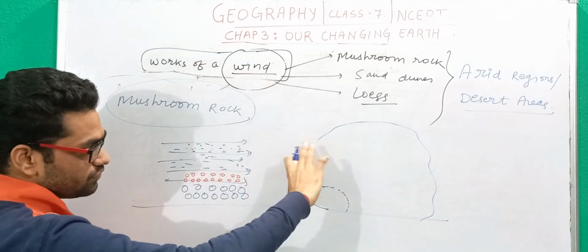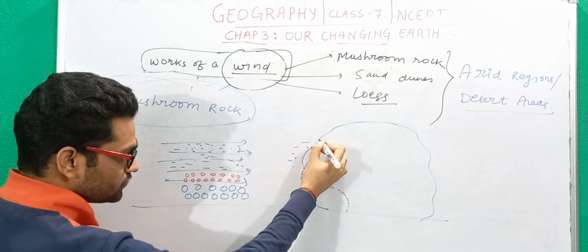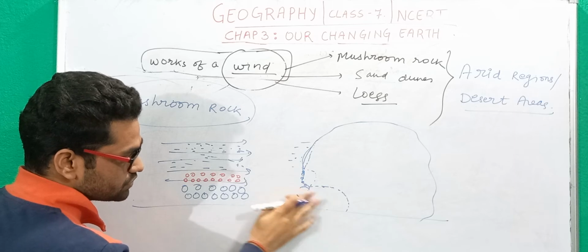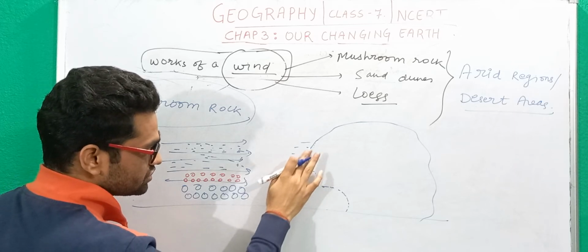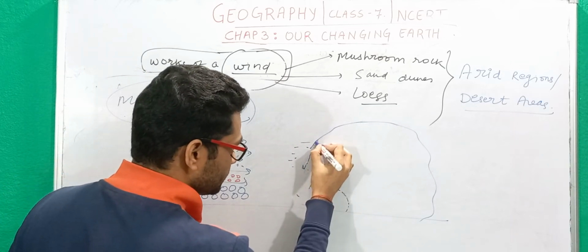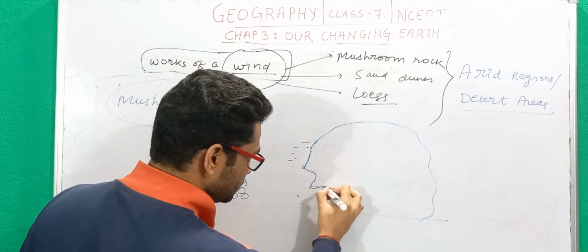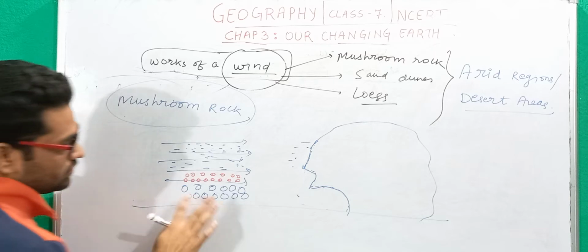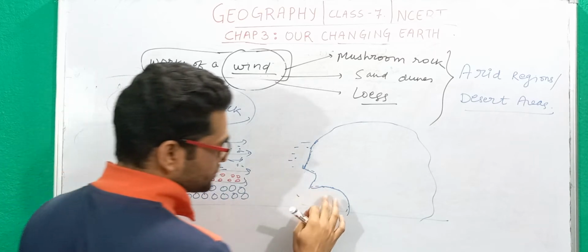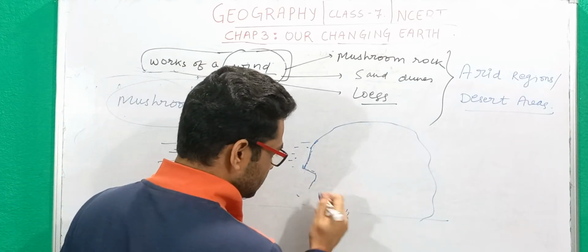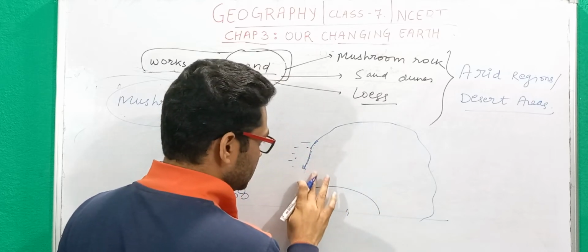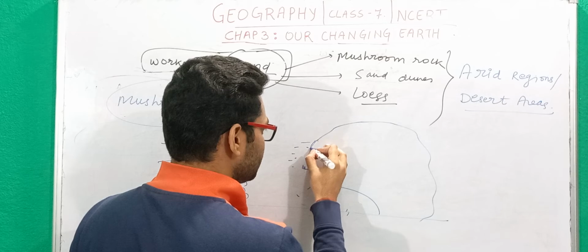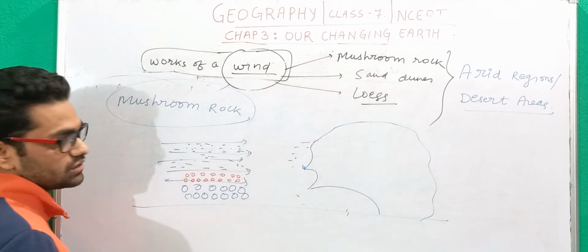So the rock which was like this will, over a period of time, get reduced into this shape. Again the heavier particles will strike here, so this will again form like this, and this will be formed like this, and here again there will be some amount of erosion, so it will be formed like this.